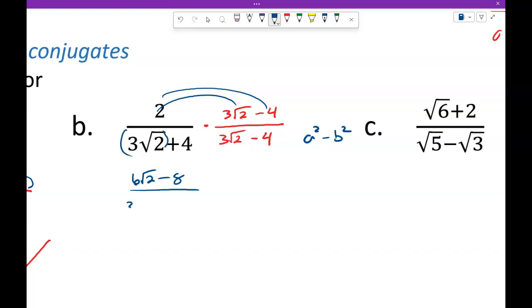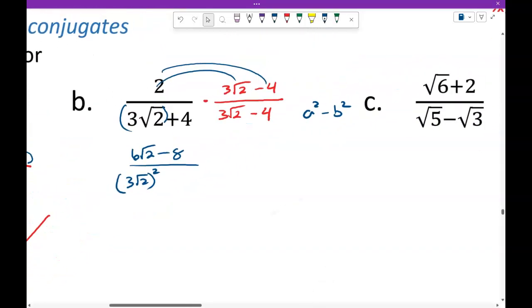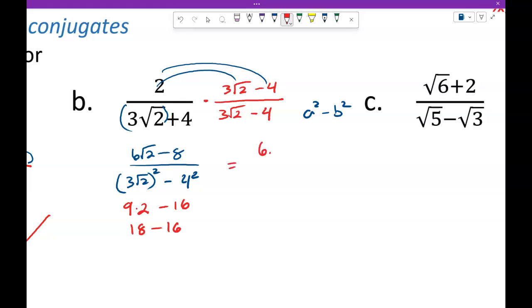A is 3 root 2. B is 4. So a squared minus b squared. Now when we simplify this denominator, 3 root 2 squared, we have 9 times 2, which is 18, minus 16, leaving us with a denominator of 2.